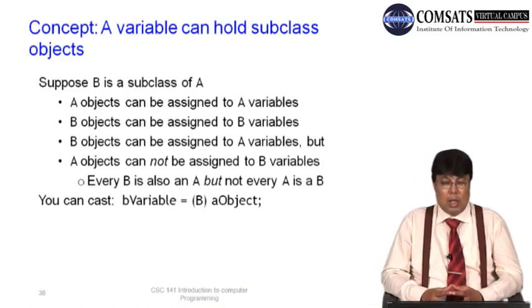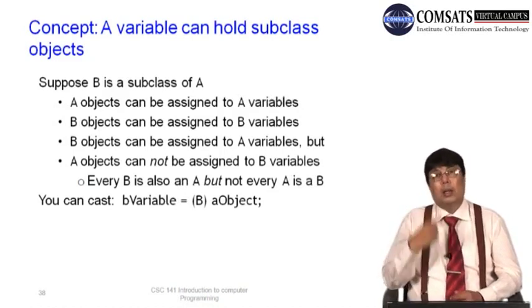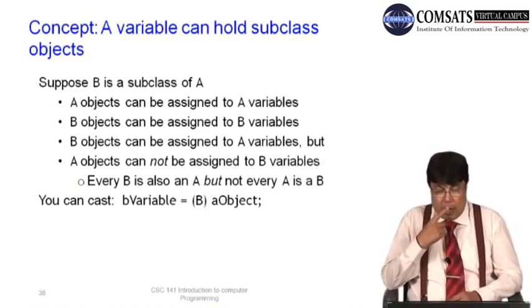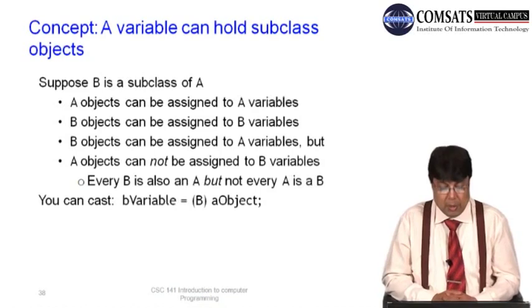So you can use casting for that, and that casting can only be done in certain cases. For example, you have defined a B variable and you have defined an A variable. You may have defined an object A, you may have defined an object B.